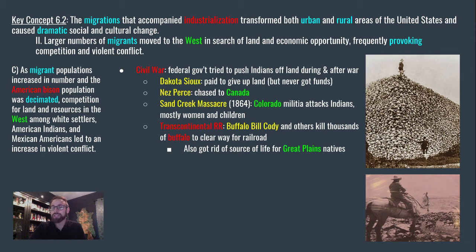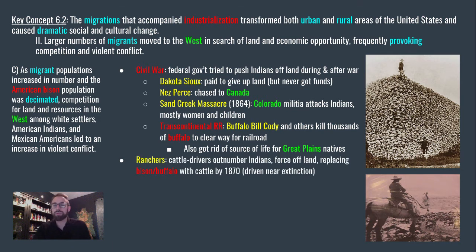What that represents is the sheer scale that these people pursued the end of Native American tribes. You can see these two guys standing right there. It's a gigantic mound of buffalo killed just to benefit the railroad and to decimate Native American populations.